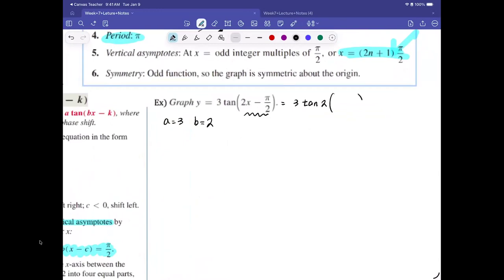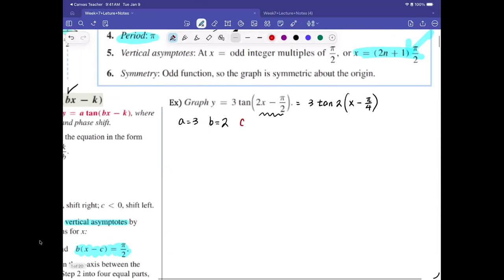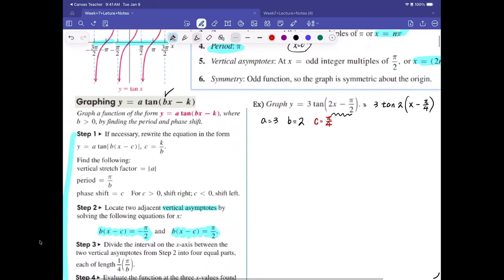When you factor out 2, then what happens? X minus what? When you factor out the 2, it is going to be pi over 4, isn't it? You guys follow me? So 2 times pi over 4 is pi over 2. So that's why c is pi over 4, because we have to make that form.